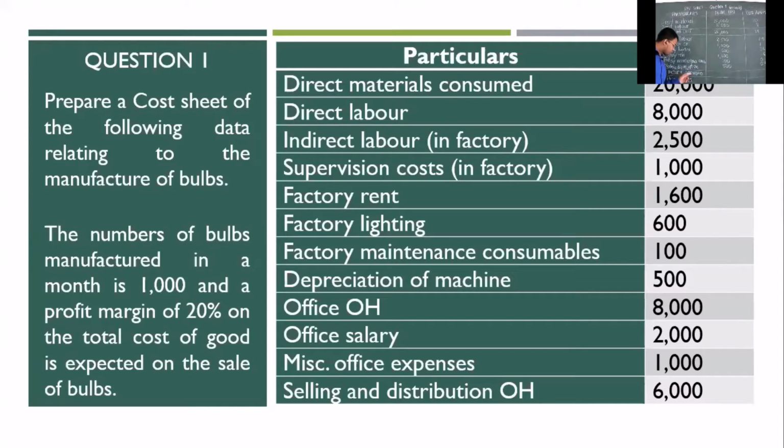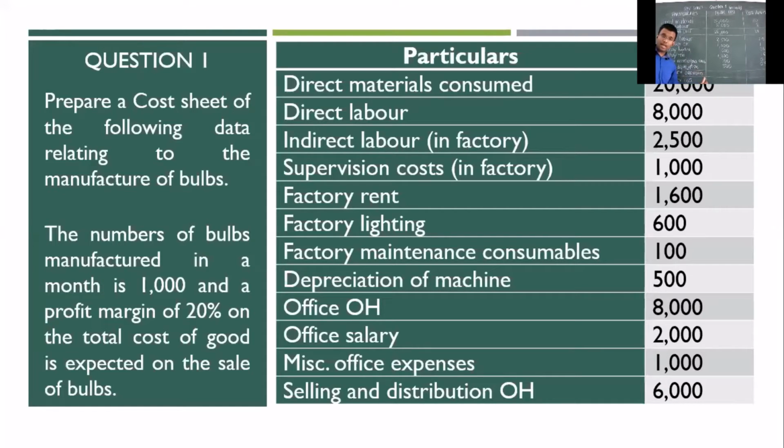Remember, my total factory overhead is the sum total of my indirect factory material, indirect factory labor, indirect factory expenses. I'll repeat that.